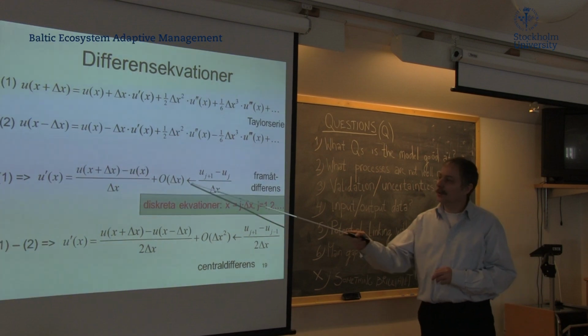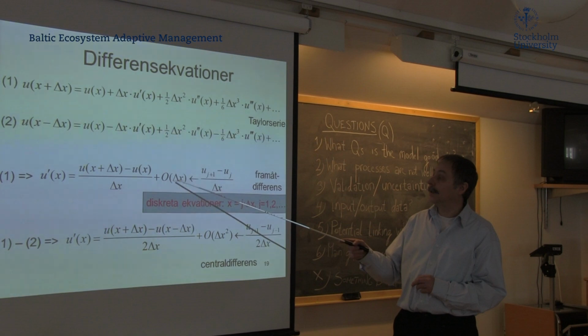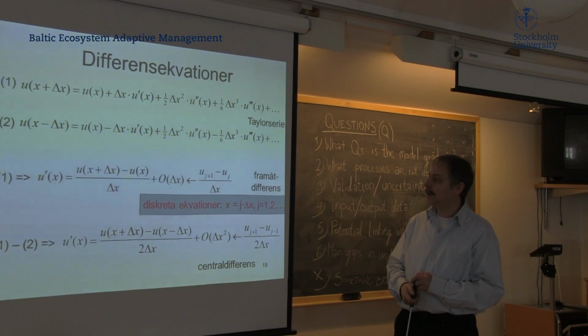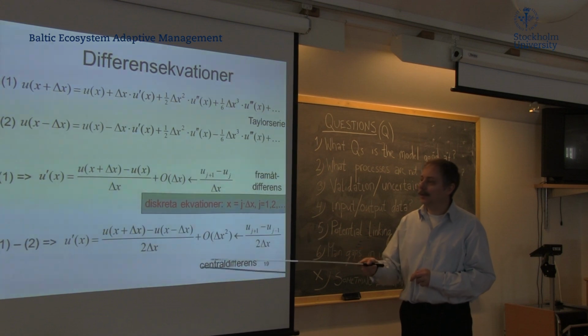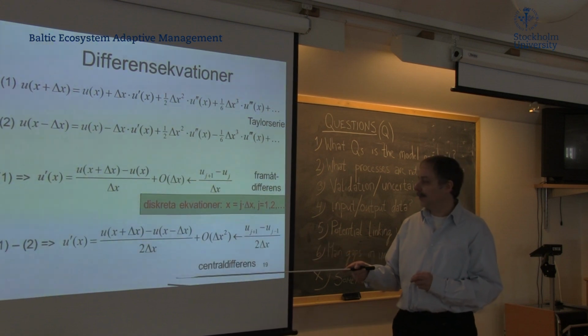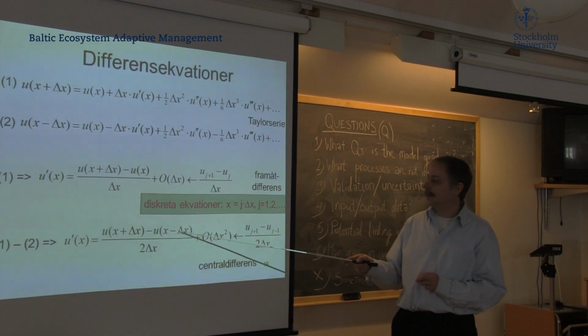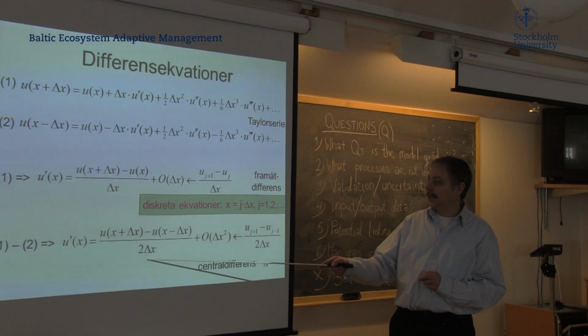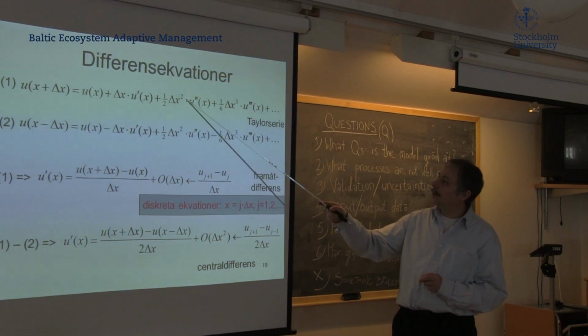And that is actually not so good, because delta x is not very small, or can be quite large according to your computer power. So this gives you an error in the equations. So this is not good, so therefore people usually use the center difference, that you develop it to the left and to the right, divided by 2 delta x, and then those terms vanish, you only have those.